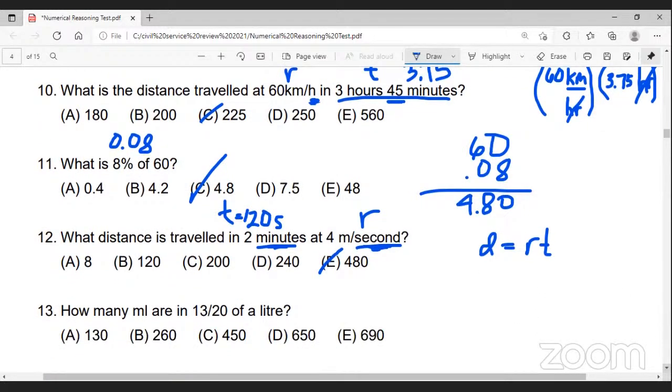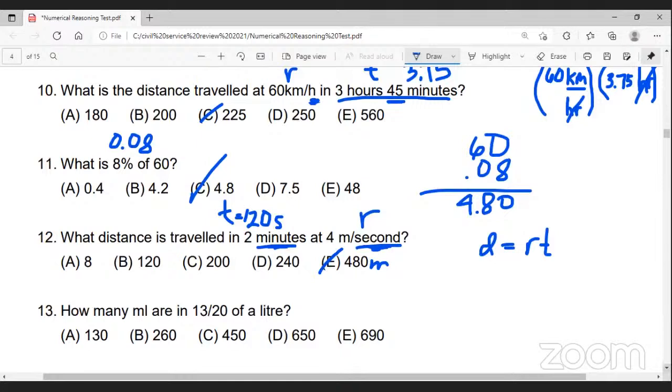Ma'am, there should be meters in the answer, 480 meters. What is the distance in meters? Yes, meters, right. If the unit of measurement is not indicated in the question, then in the answer there should be a unit of measurement.